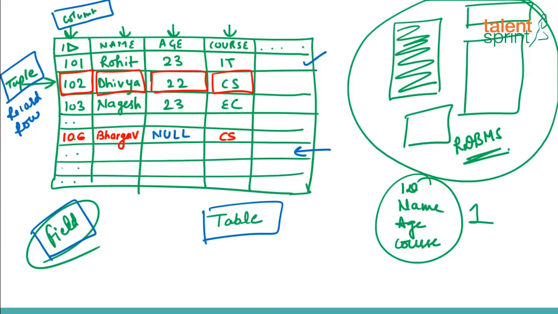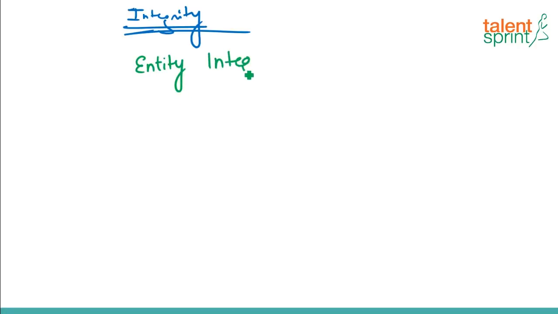Now one more thing I want to tell you in this video, and that is the integrity rules that RDBMS follows. Alright, so starting off with the very first one, we have entity integrity. Next up we have domain integrity.